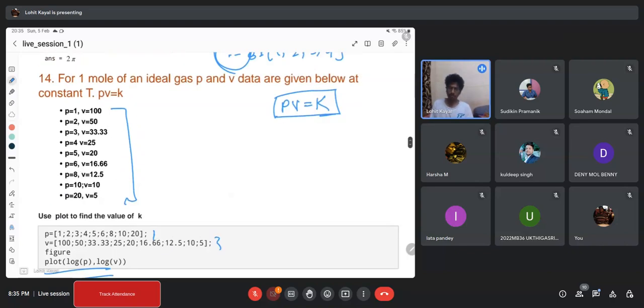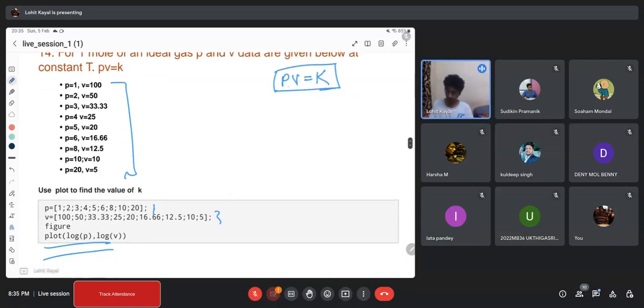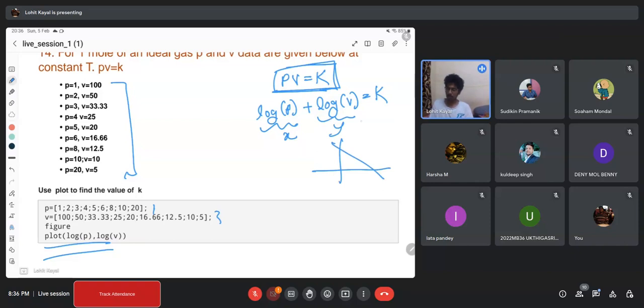Now just the basic thing. This is PV equal to constant. That means log of P plus log of V equal to log of K. Now if I treat this as x-axis and this as y, I will get a plot like this with a slope of -1. So y equals log of K minus x.